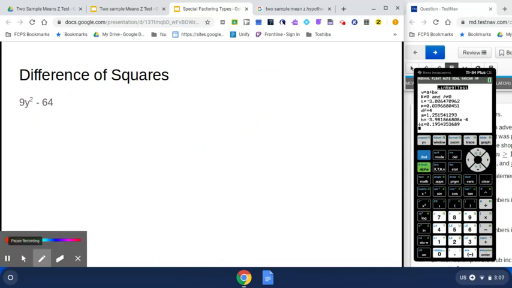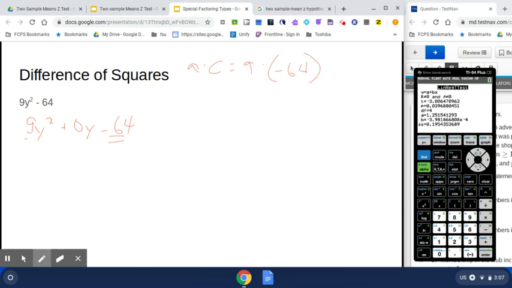Okay, taking a look at the next example, we have 9y squared. Our middle term is missing, so I'm going to fill in plus 0y minus 64. If we multiply a times c, we would be multiplying 9, that's the lead coefficient, by negative 64, that's the constant term.